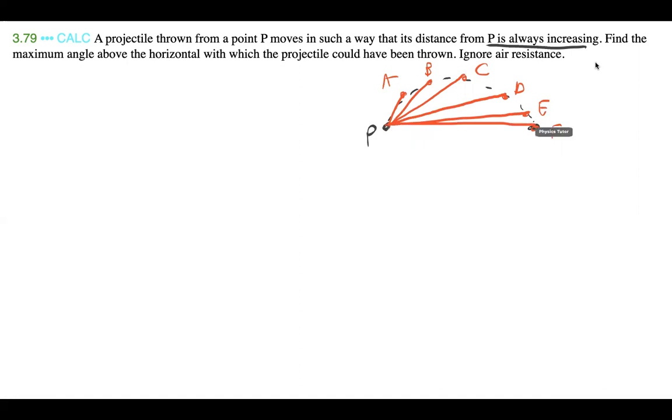And if you think, well, doesn't that always happen? No, and I can prove that with a counterexample.